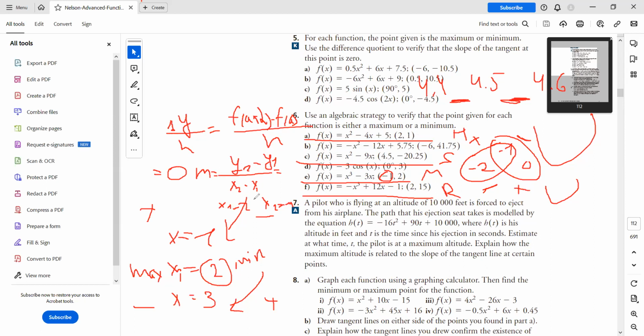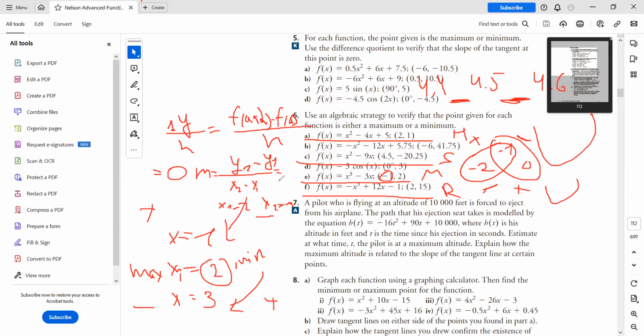Let's see. For x = -2 and -1, delta x is positive, so it's going to be 1 in the denominator. The numerator involves the third power: (-1) to the third power is -1, plus 3, so it's positive, minus y1.